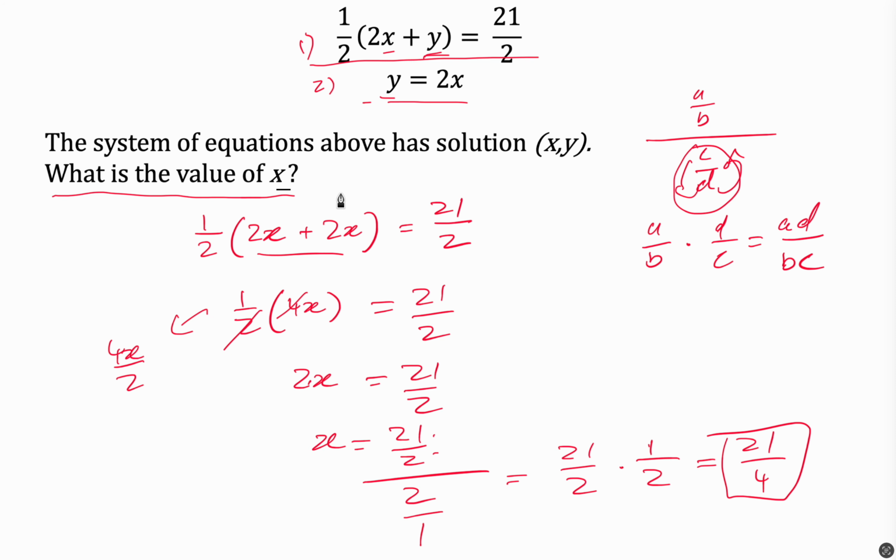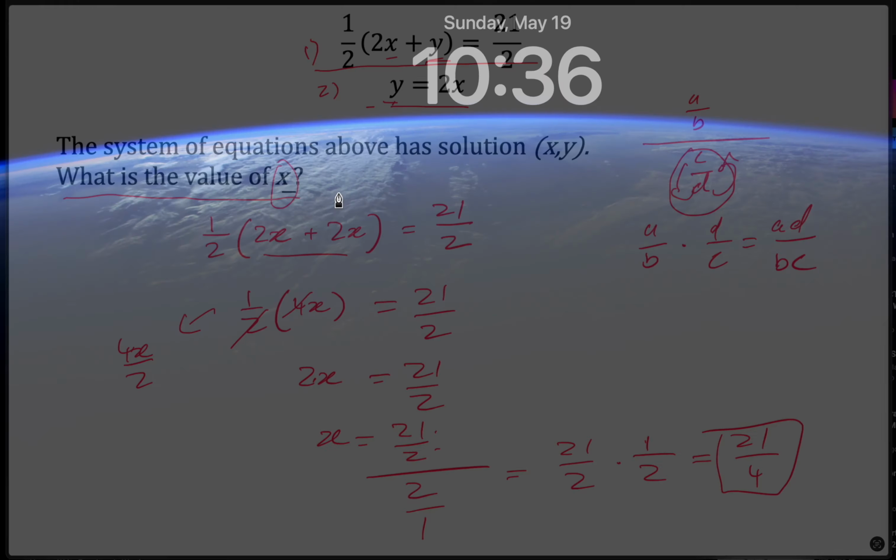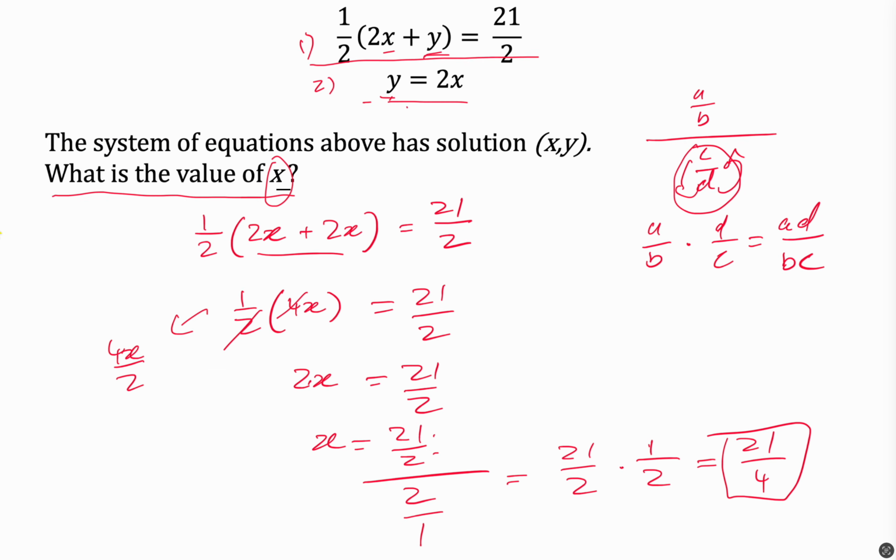So you see, okay, what do I want? I want to solve for x. So you want to keep the x and replace the one that you don't need, which is y. So replace y with 2x, put them all in, then use the shorter equation, plug it into the longer equation, and then solve it. And in this problem, you see the concept of dividing a fraction.